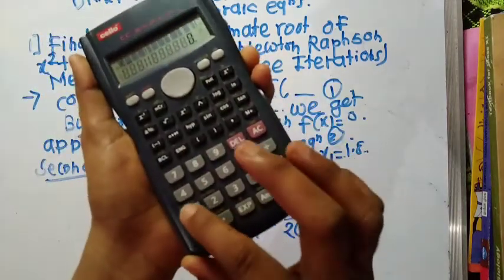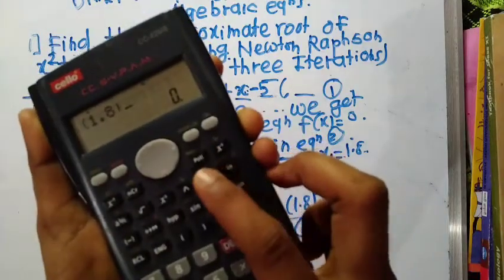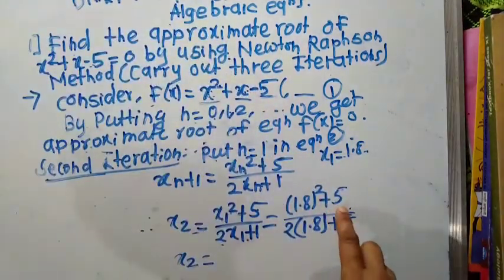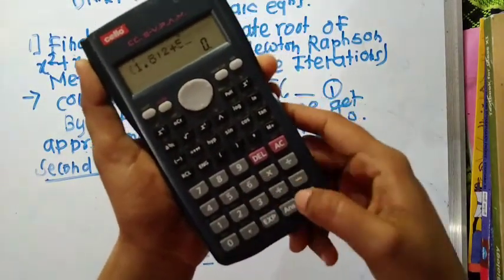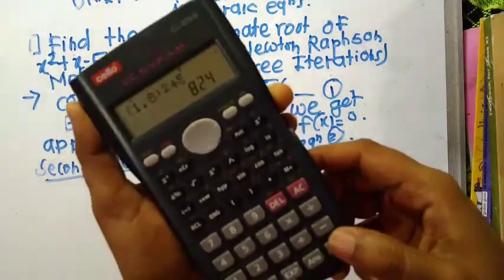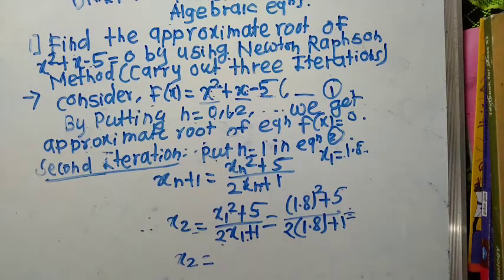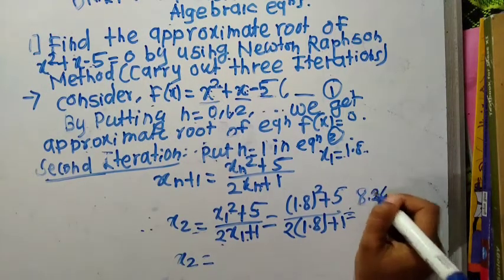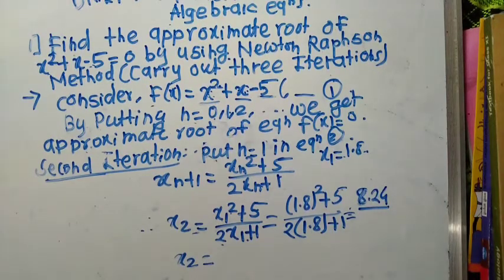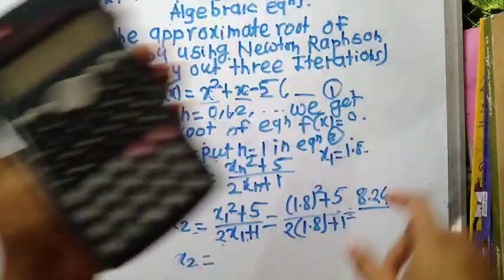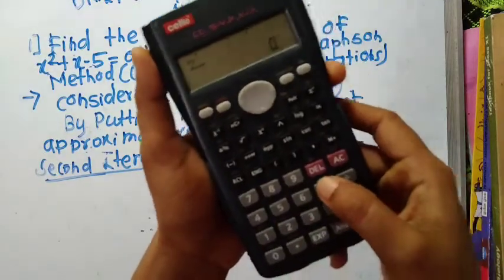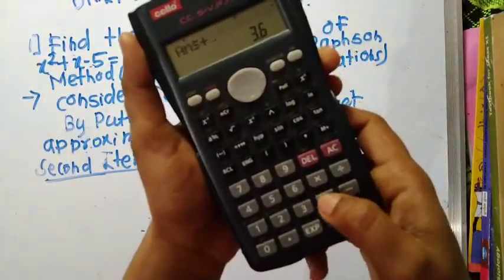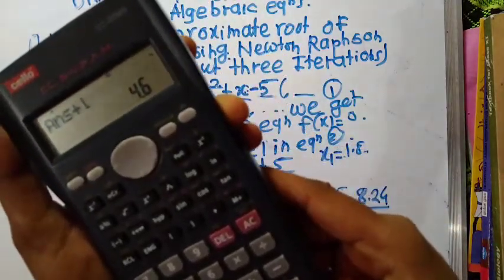In bracket 1.8 square, here the square sign, so 1.8 square plus 5, which is equal to 8.24, divided by, find the answer of 2 into 1.8 plus 1, which is equal to 4.6.